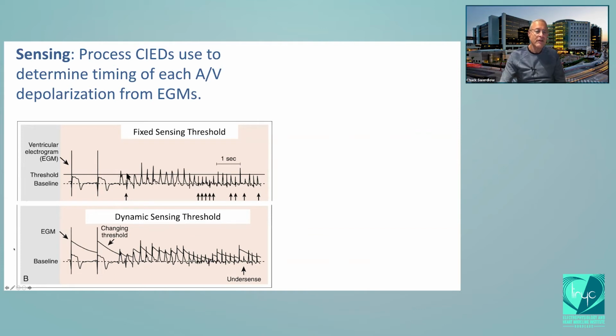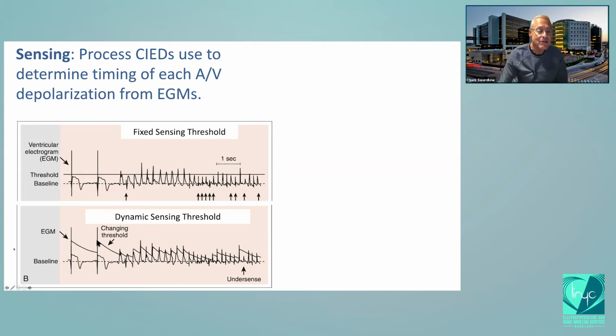Instead of using a fixed sensing threshold, as older pacemakers did, all pacemakers use some version of a dynamic sensing threshold, where the device becomes more sensitive, the threshold becomes lower, if it doesn't sense any signal. And then once it senses signal, the sensing threshold increases.